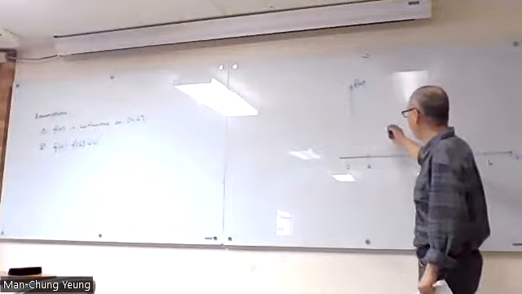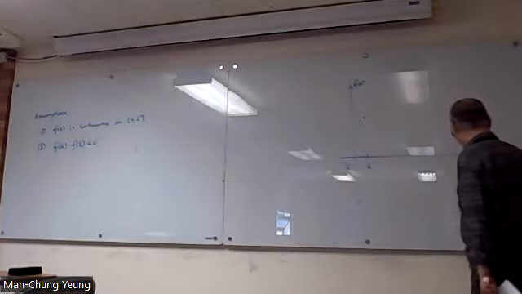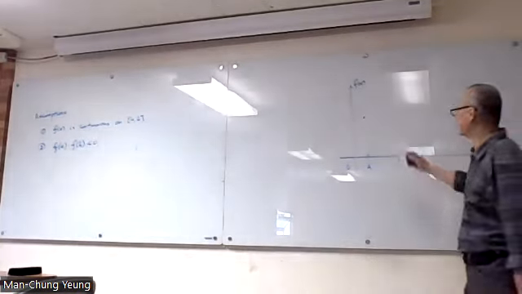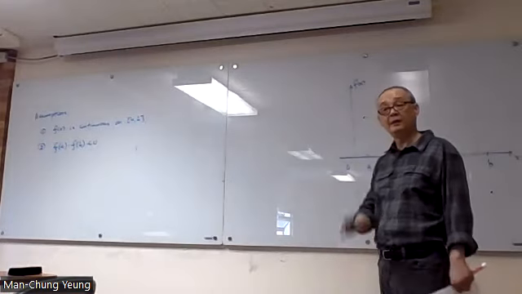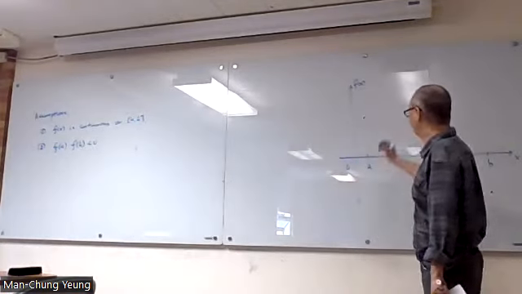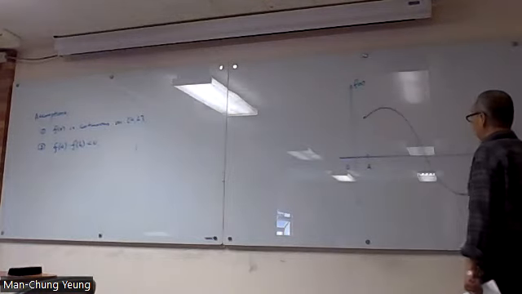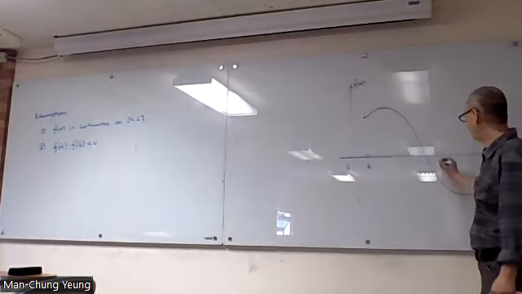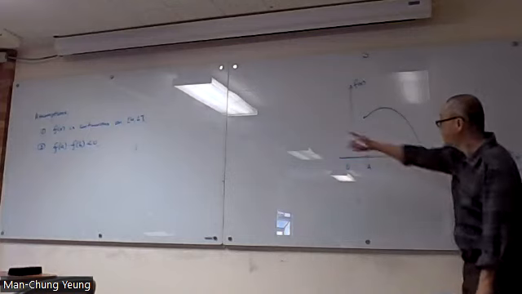Say, for example, at A the function may be positive, at B negative. The graph is continuous, so by the intermediate value theorem we are guaranteed the function has a root here, under these two assumptions.